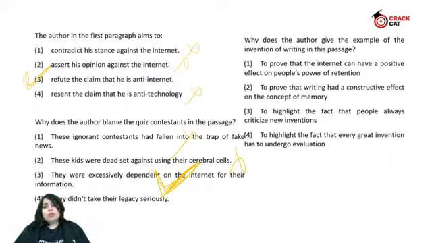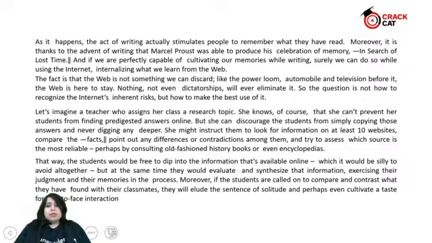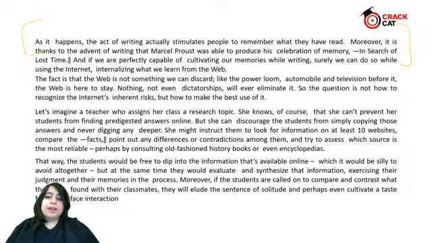It says, why does the author give the example of invention of writing in the passage? So, yes, this is where he has tried to talk about the invention of writing. So it says, as it happens, the act of writing actually stimulates people to remember what they have read.